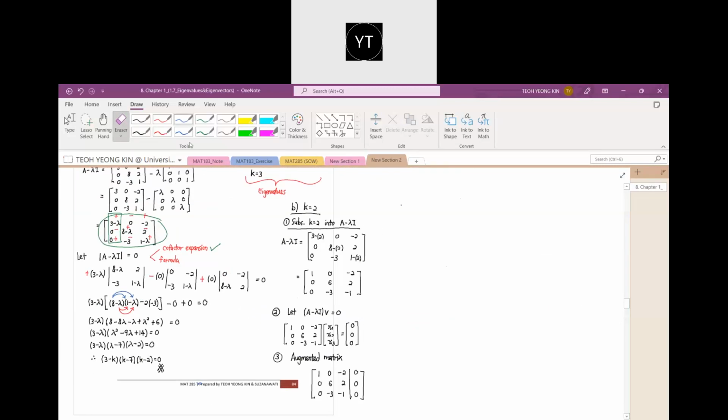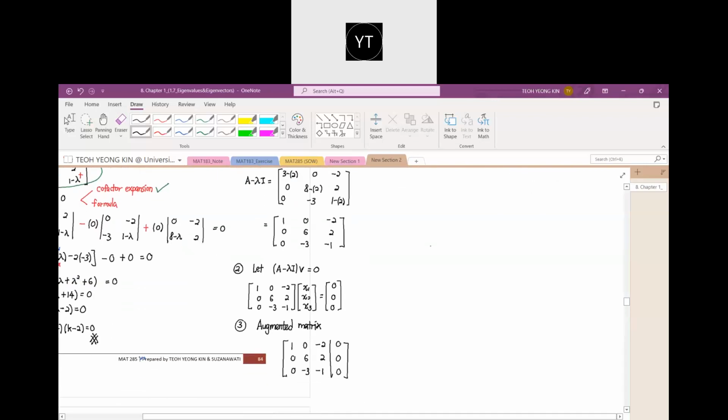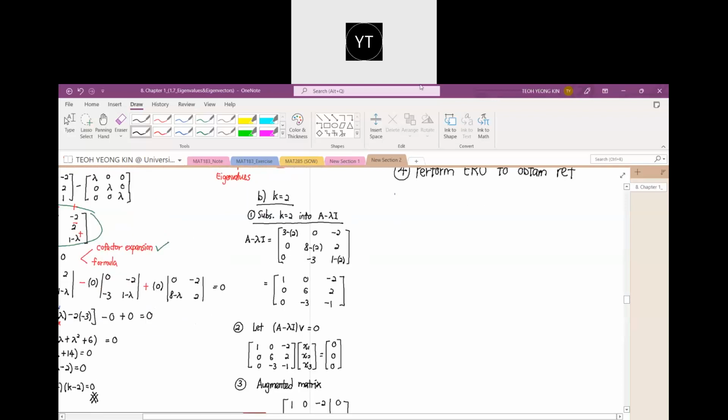So from this augmented matrix, we will, step number 4, perform ERO, elementary row operation, to obtain row echelon form, REF. So we will do ERO in order to get the row echelon form.